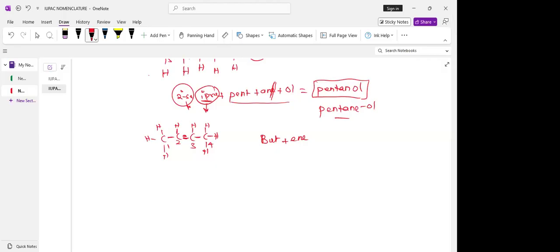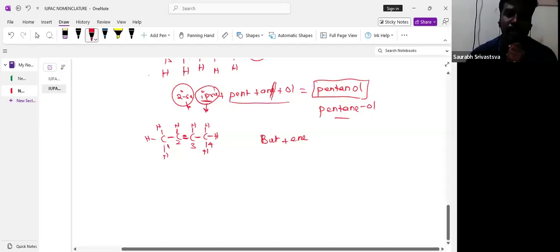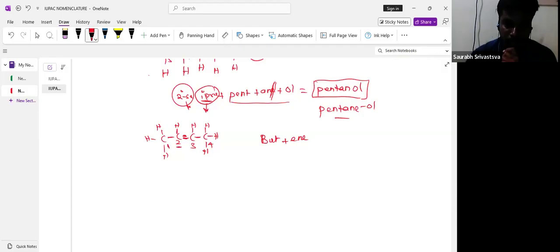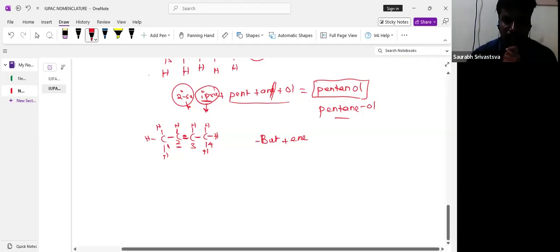One more thing. Here, for the double bond, you are writing the number 1, 2, 3? No, the double bond, where it is started. From the second carbon, it is started. Correct? Yes, then sir, here you have to write just the number 2. Then what will you write? But and 2 ANE. Sorry, ENE. Butene.